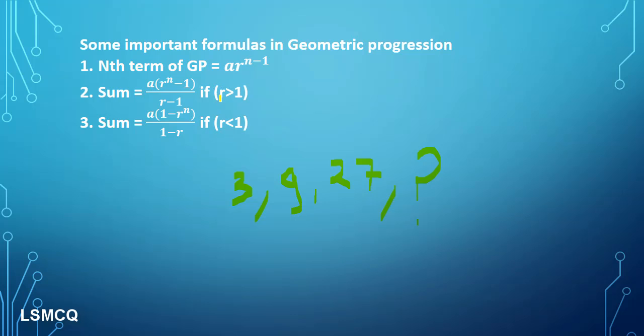If r is greater than 1, as in this case, we use this formula to find the sum. If you want to find the sum of 3 plus 9, you use this formula. But if the sequence was reversed, then the r here would have been 1 divided by 3, and as you can guess, it is less than 1, so we use this formula.